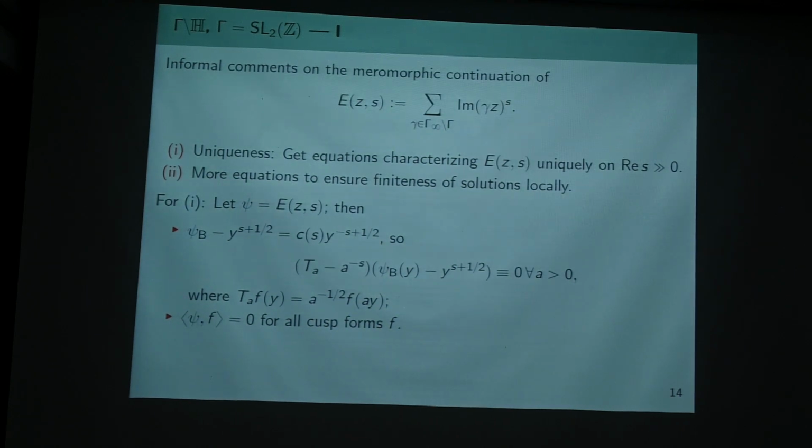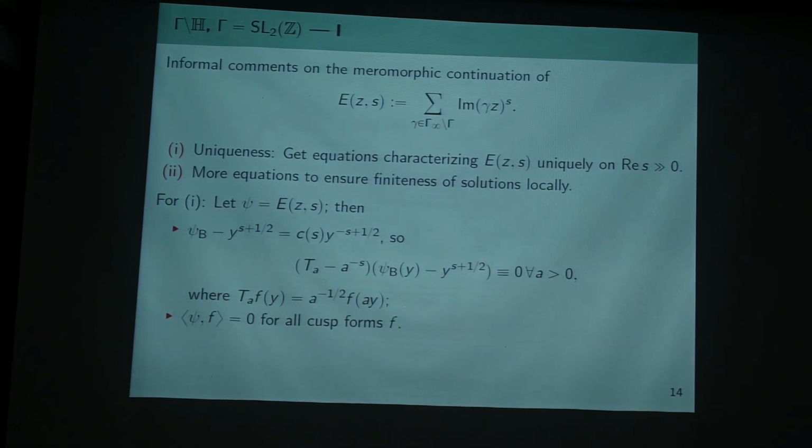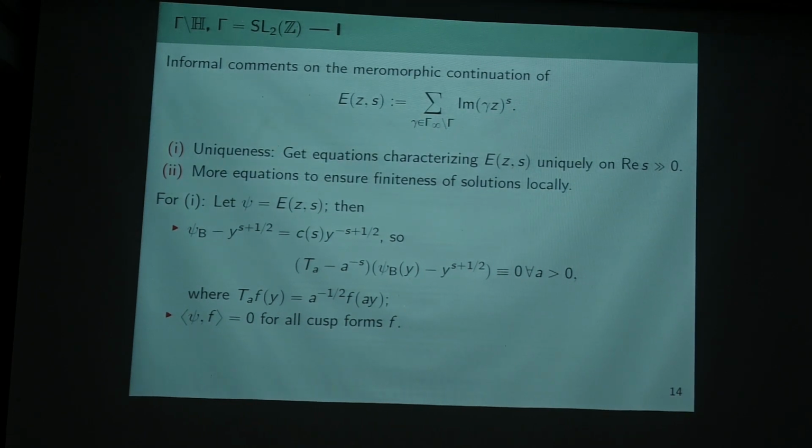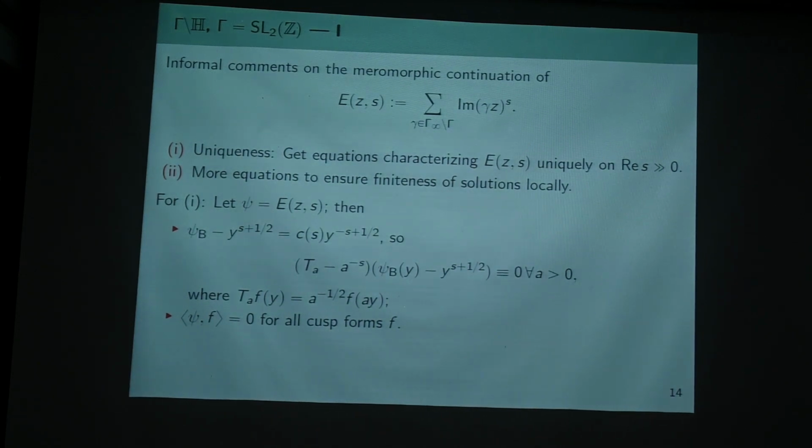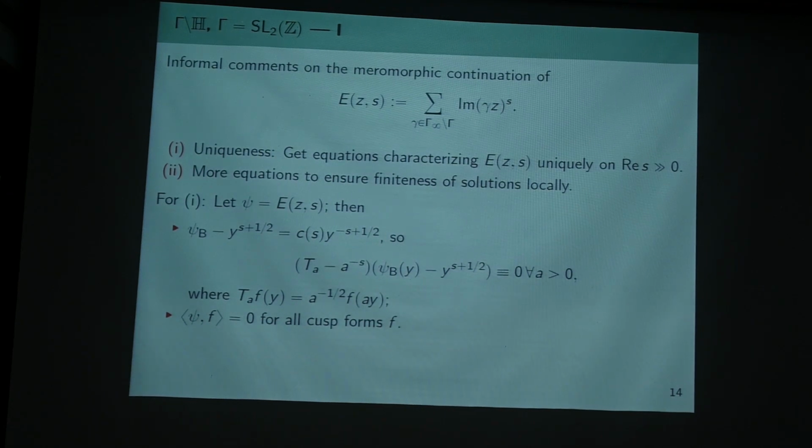So suppose psi satisfies this. David also explains this in his talk, maybe an IHES talk. I don't know which talk it is. So consider psi minus E of z comma s. If psi satisfies these conditions, you want to show that psi is equal to 0. Okay? How do you show that?